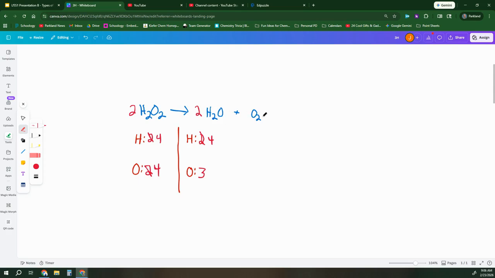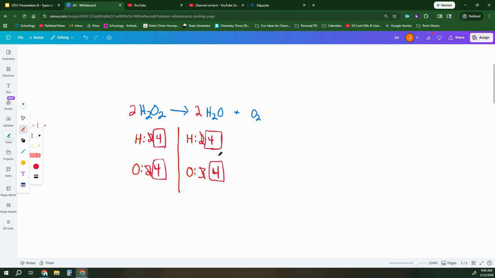And the total number of oxygens on the right side, 2 times 1 is 2 from this molecule. 1 times 2 is 2 from this molecule. So in total, 2 plus 2 gives me 4 total oxygens. And you'll see that I am now balanced at 4 oxygens on both sides and 4 hydrogens on both sides.